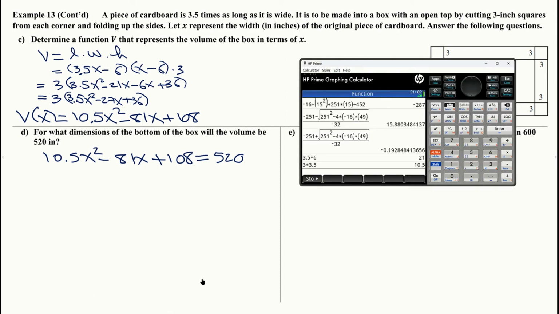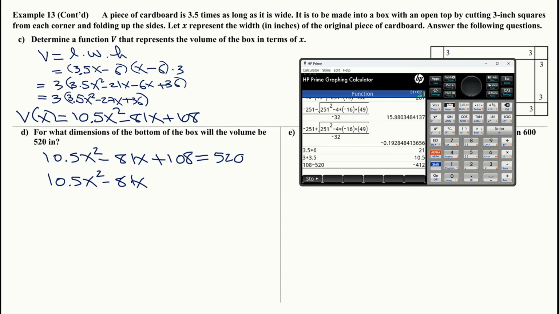Okay, so we have 10.5x squared minus 81x. So I need to do 108 minus 520. So negative 412 equals 0. So I have A equals 10.5, B equals negative 81, C equals negative 412.